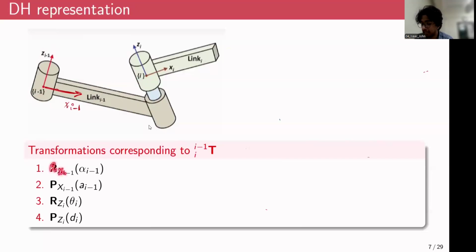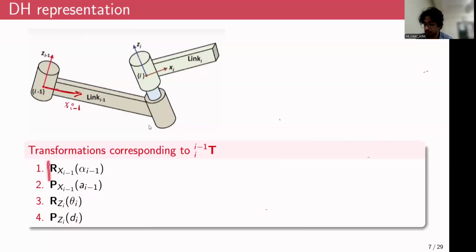the rotation about xi minus one by an angle alpha i minus one. Then a pure translation about xi minus one, by an amount ai minus one. Then the third transformation is a pure rotation about the zi axis by theta i, and a pure translation about zi by an amount di.